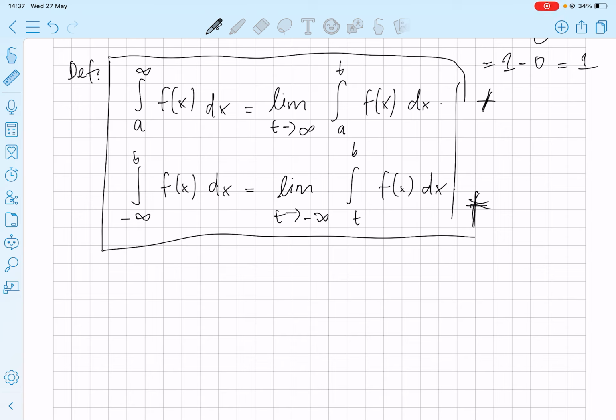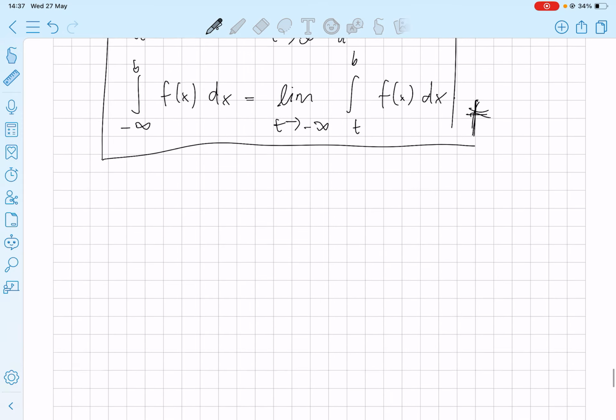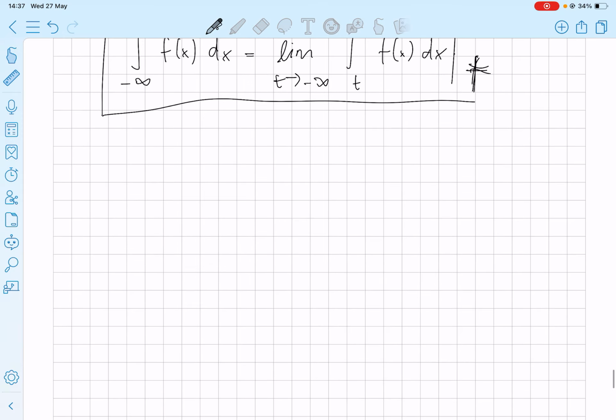Now moving on to some properties. We have a really common property that I think you know from calculus 1.